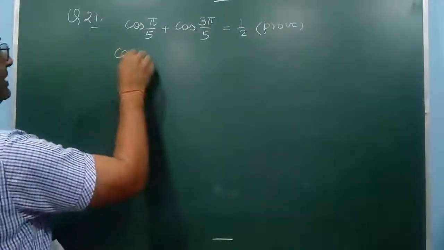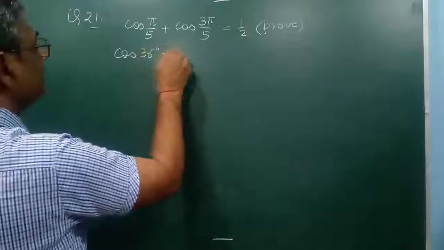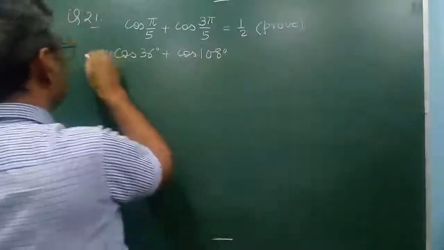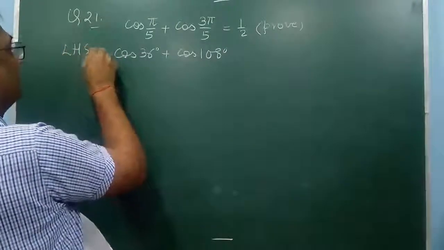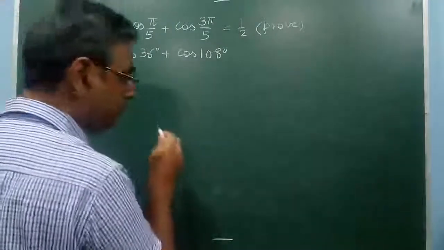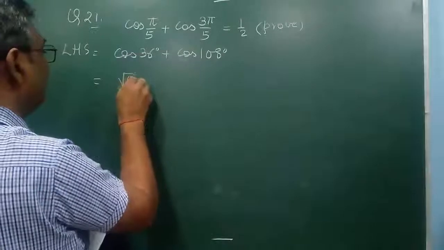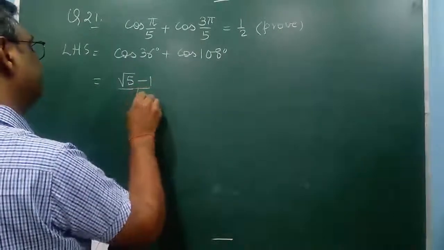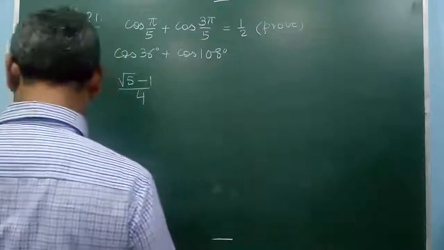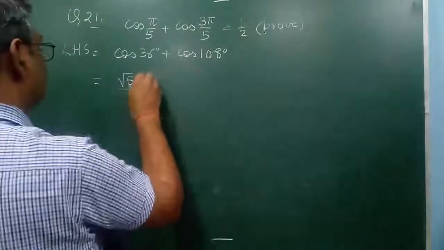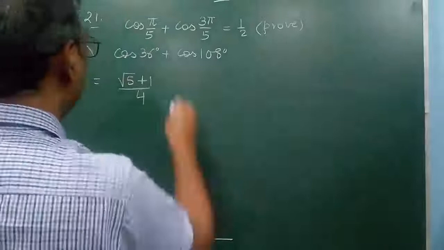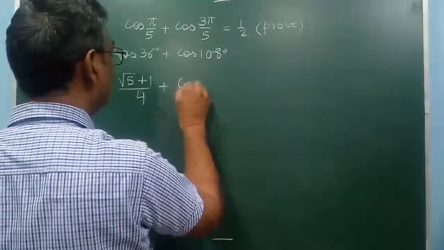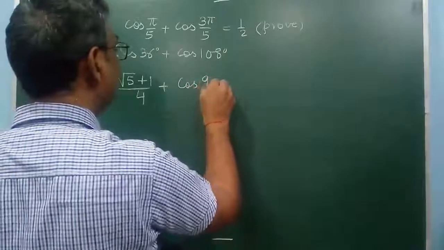Means cos 36 degree plus cos 108 degree. This is LHS. Cos 36 value we know is (root 5 plus 1) by 4. This is cos 36, sorry, plus this is cos (90 plus 18).